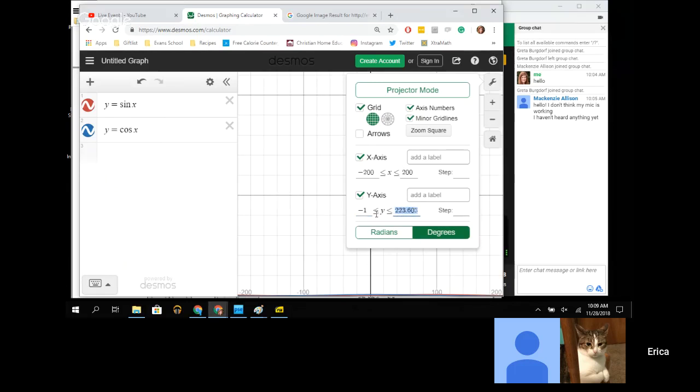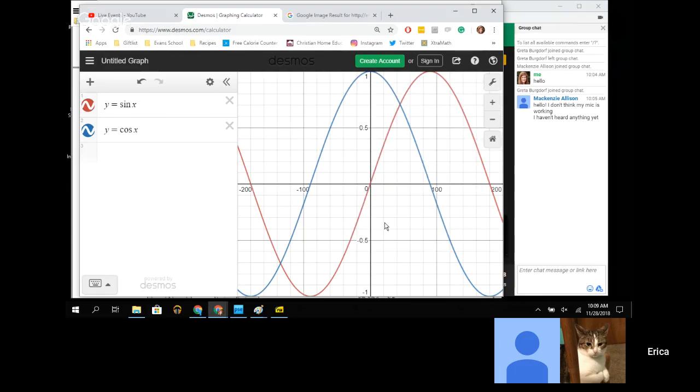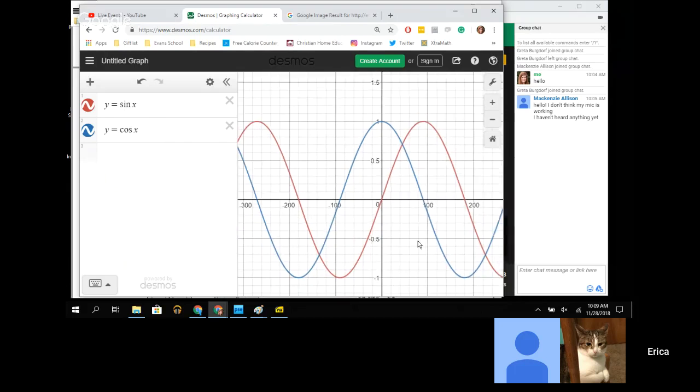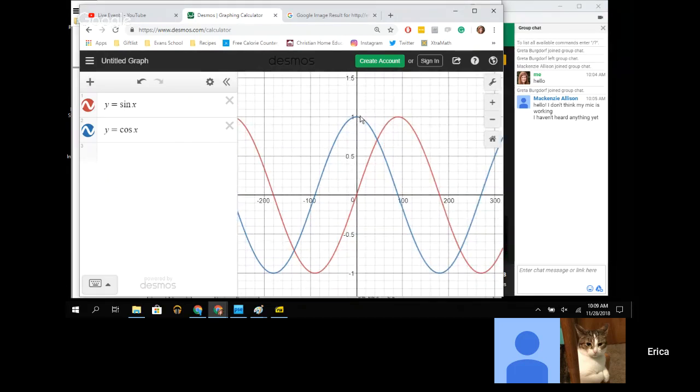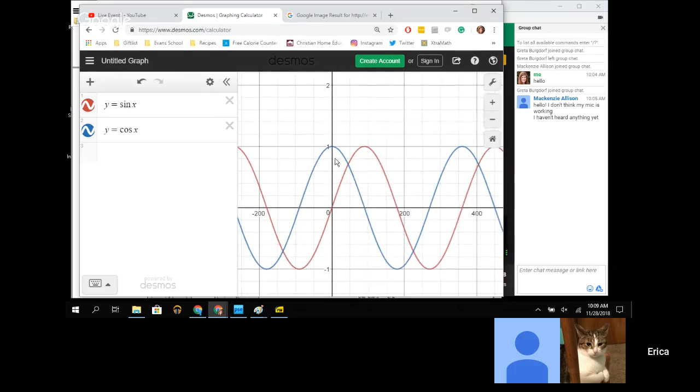X goes from negative 200 to 200. There we go. So if I set it to degrees, I can make it work, right? Because your sine curve is between 0 and 360 degrees.